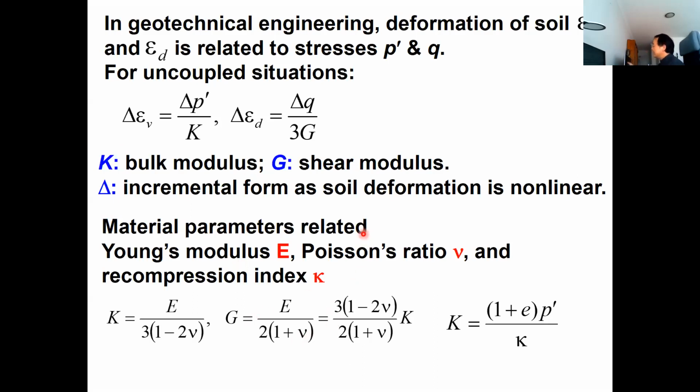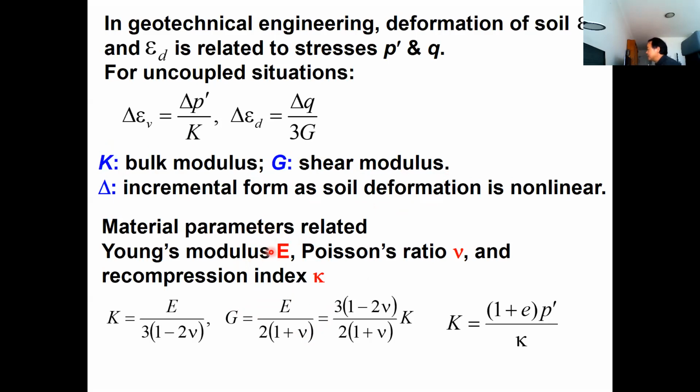So it says, if you know any 2 of the 5 parameters, you can determine the other 3. Or if you know any 3 of them, you can determine all the 5 of them. So 5 parameters, 3 of them are essential. If you know any 3 of the five parameters, you will be able to determine all of them.